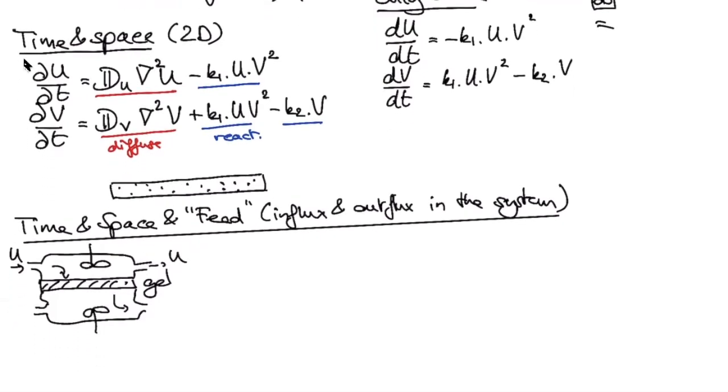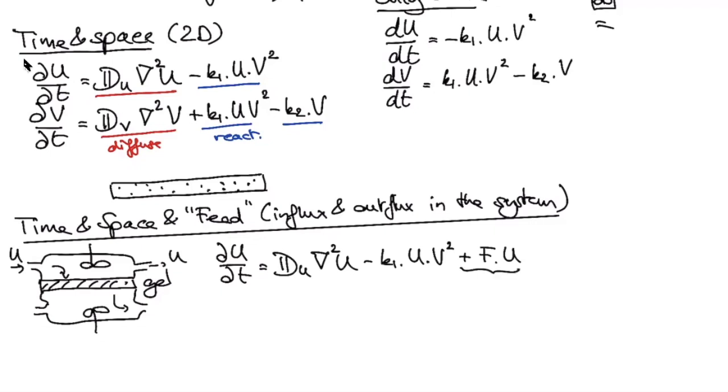So we need to incorporate those feed terms in our equations. Let's write them again. We have du/dt, and I'm just going to repeat the same part: minus k1 times u times v squared. And now I have this feed term, which I call f. This is a kind of dimensionless rate constant, which defines the influx of the system.